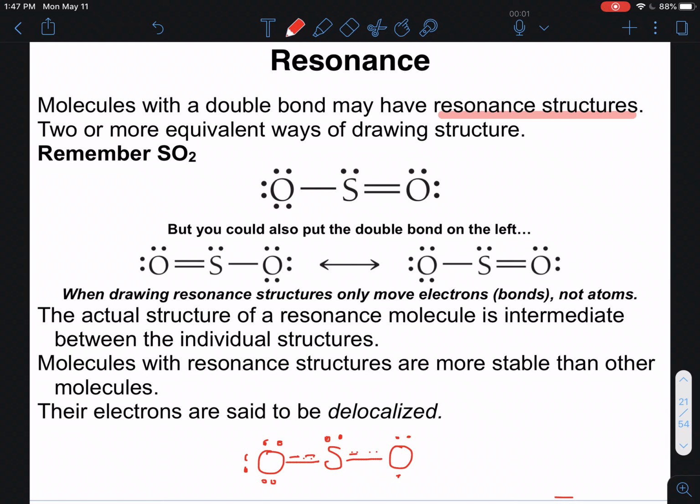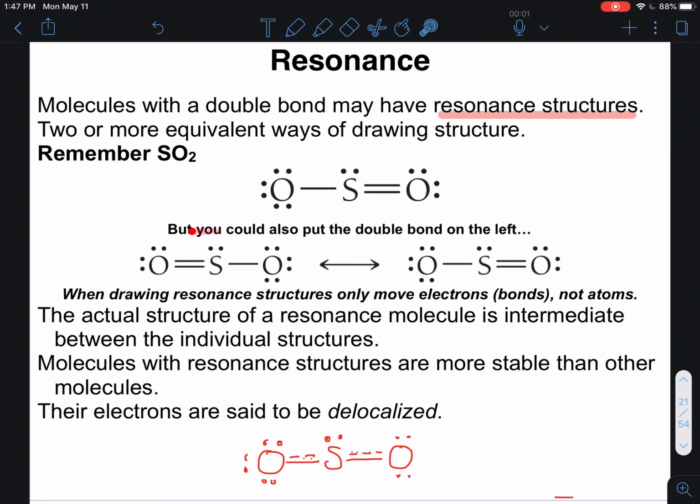Let me do it like this to show. Now, this isn't a correct Lewis structure, but what I wanted to show is how we can combine these 2 resonance structures into one structure, and that is how SO2 actually exists in nature.